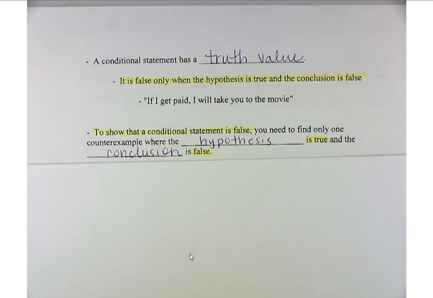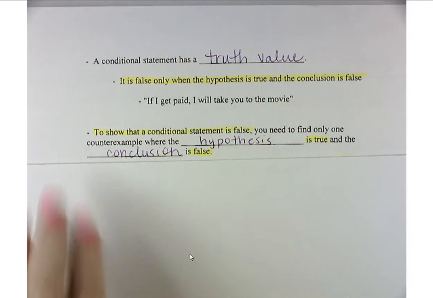If we wanted to find a counterexample of when that would be false, say it's about your parents. If they get paid, then they're going to take you to a movie. Every time they get paid, do they take you to a movie? No, so you would just have to name one time where your mom or dad got paid, but they did not take you to a movie.